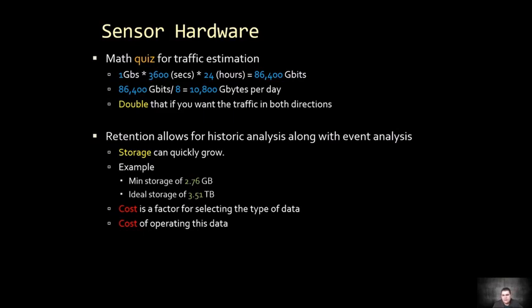This is how much storage you will need to store activity only for 1 day. So from historical analysis and the event log and so on, the storage can grow very quickly. And right now, it's considered you can have a minimum storage of at least 2 gigabytes daily, and the ideal will be 3 terabytes to store all data, which is very expensive to maintain, operate, and even to process all this data.